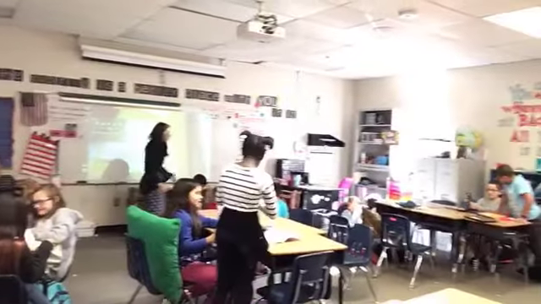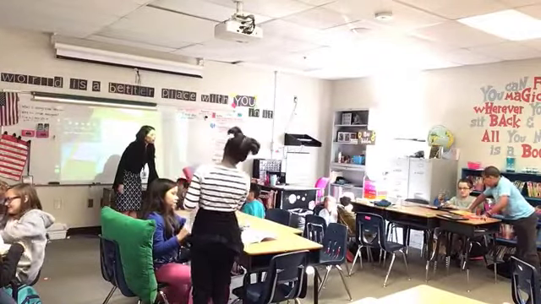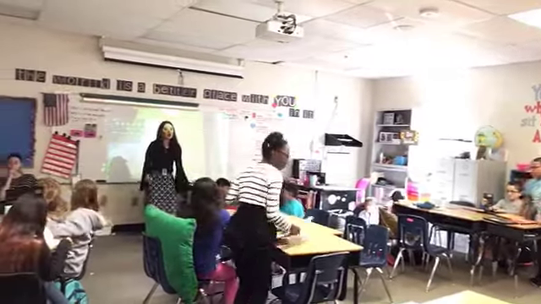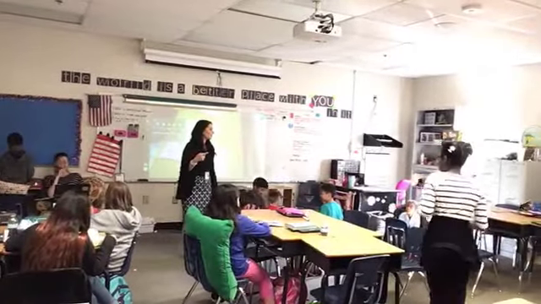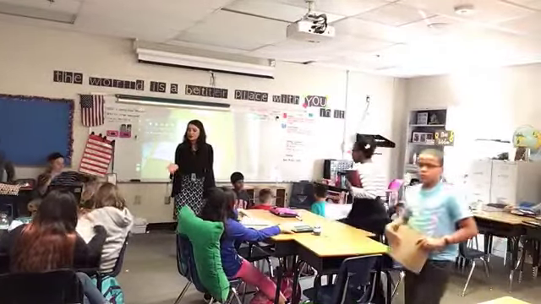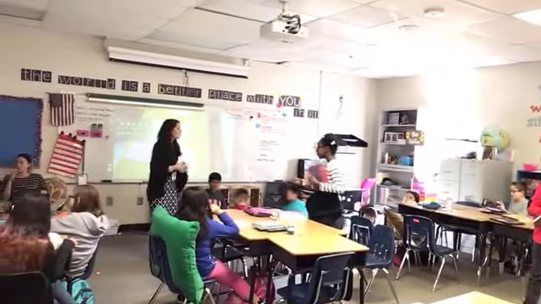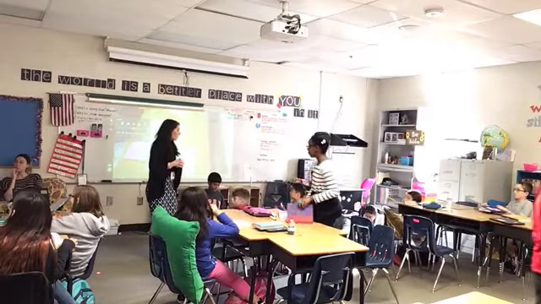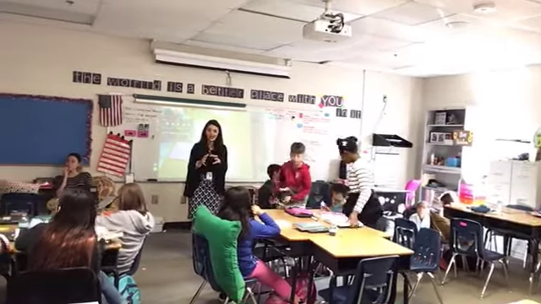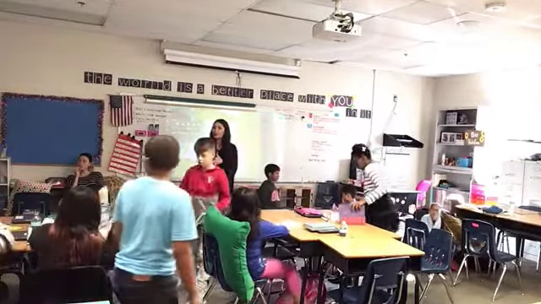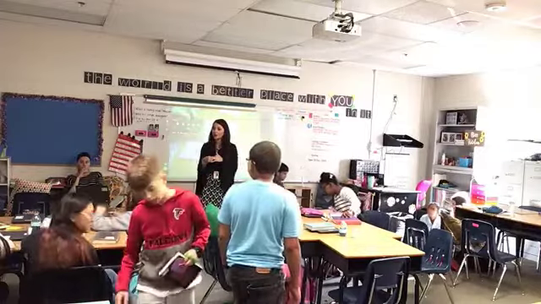Okay, readers, if we could come together for a second. As I've been listening into your conversations and talking to you today, I noticed not just one thing, but multiple things that you're doing very well, thinking about how events in a text build on each other and how it structures our novel, right?